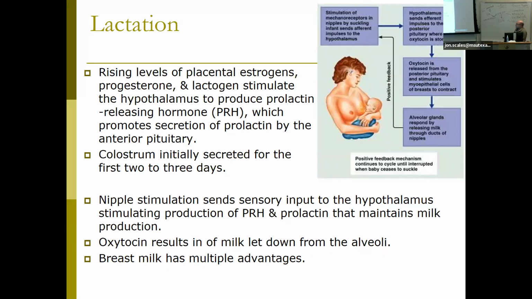So initially, the liquid that's produced by the mammary epithelial cells is a fluid called colostrum, and it is lower in fat and higher in carbohydrates, and also is very rich in antibodies, and that's usually for the first couple of days.